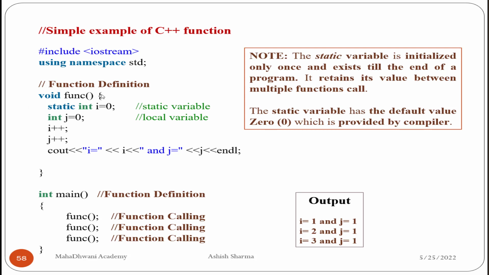After that we have here inside the function definition static. Static is a keyword. It has a default value 0 for a variable. Here we are using the variable i of integer type. It is a static variable. We are writing the static keyword before initializing the value of the variable i.